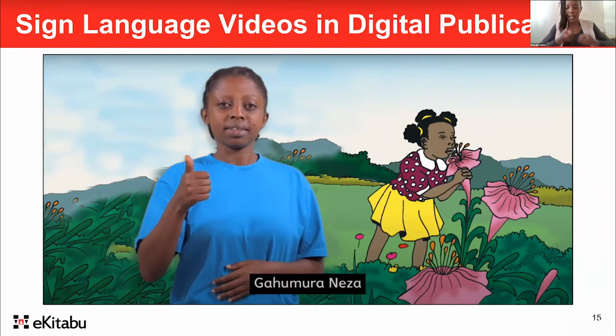And also, as we work on a pathway to literacy for deaf learners and their educational growth, there are some key accessibility features that need to be included in sign language videos and digital publications.